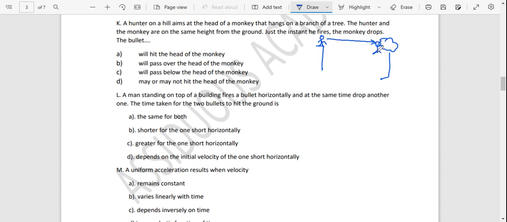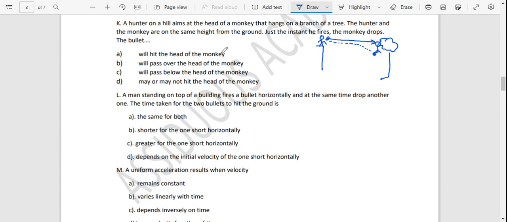Now immediately he fires, the monkey drops. What is going to happen is, because there is no component in the y direction for the velocity of the bullet that he has fired, there's only the x or the horizontal component. Because of gravity, the bullet is going to be pulled down like that. So by the time the monkey drops to this height, the bullet would have also reached that height.